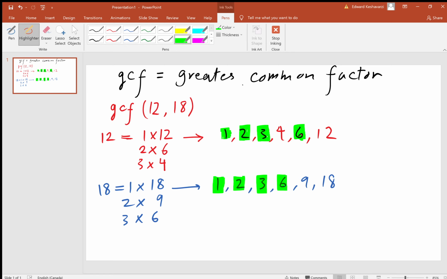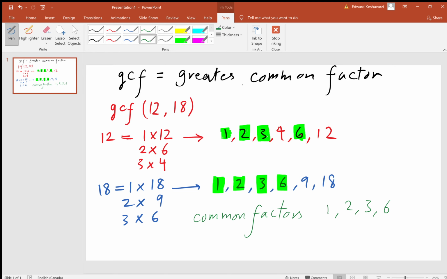So therefore, common factors are 1, 2, 3, 6.